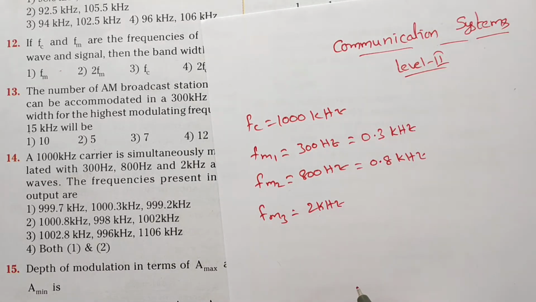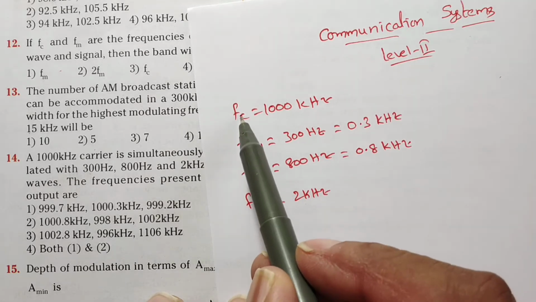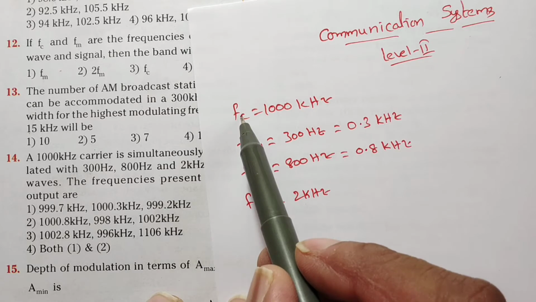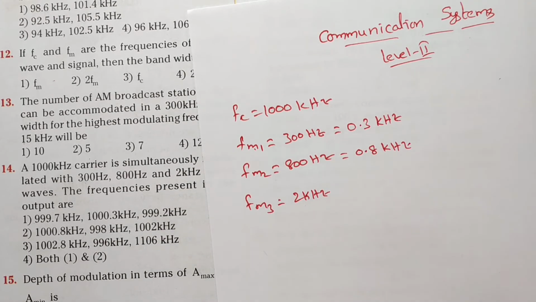The frequencies present in the output: fc is going to be modulated with fm1, fm2 and fm3, and whenever these are modulating, what are the outputs?